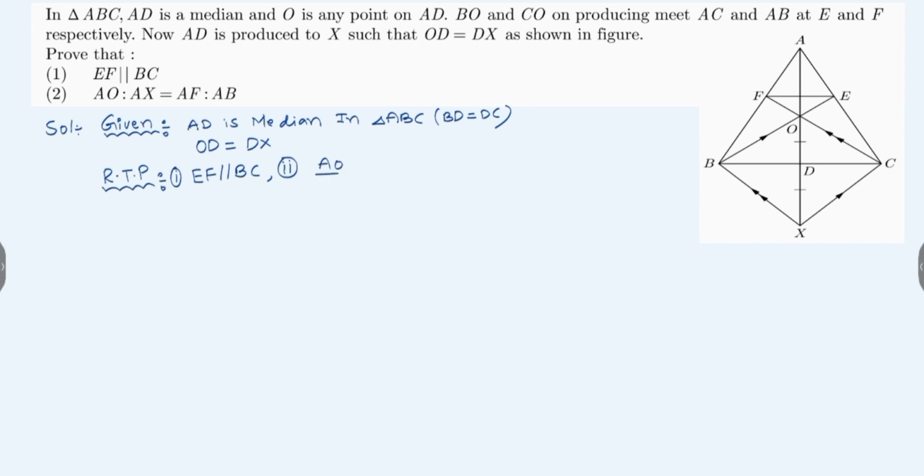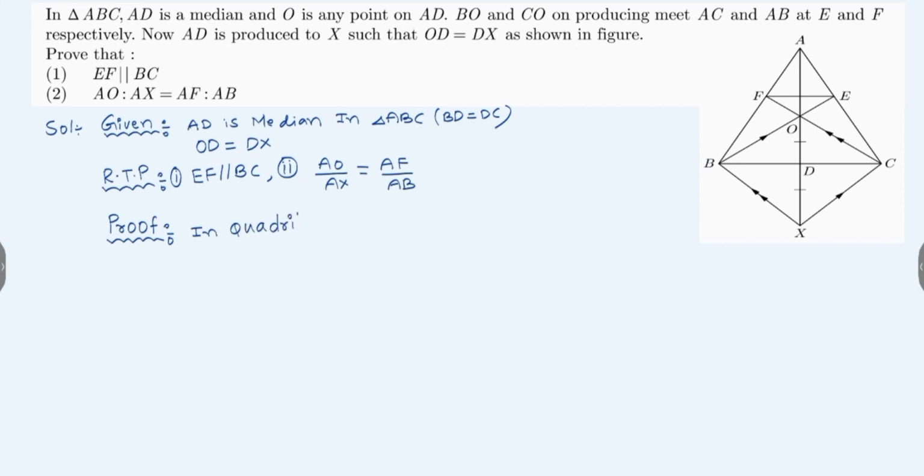Now to prove these two, once observe in the figure, we have a quadrilateral OBXC. In quadrilateral OBXC, OX is one diagonal and BC is another diagonal, and these two diagonals are intersecting at D. In the given information we know BD is equal to DC and OD is equal to DX.